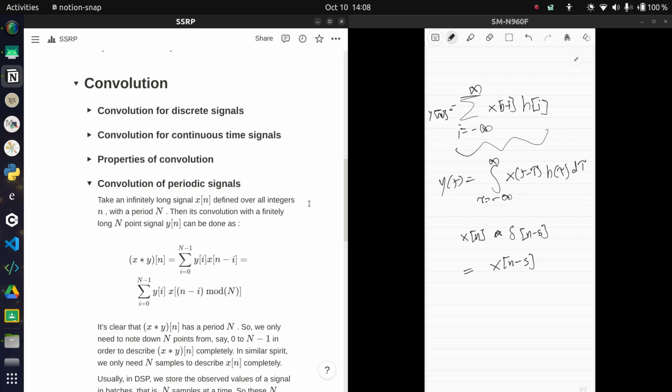Then the convolution between x and y, the full thing, is of course periodic by default, because a convolution is basically flip, shift, multiply and add.